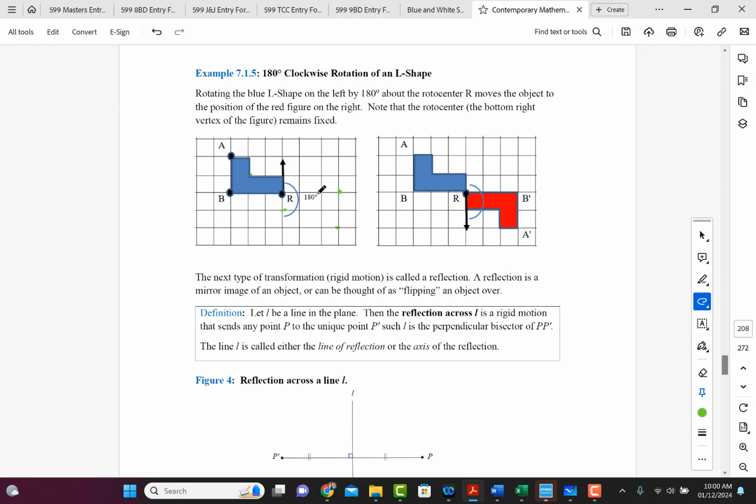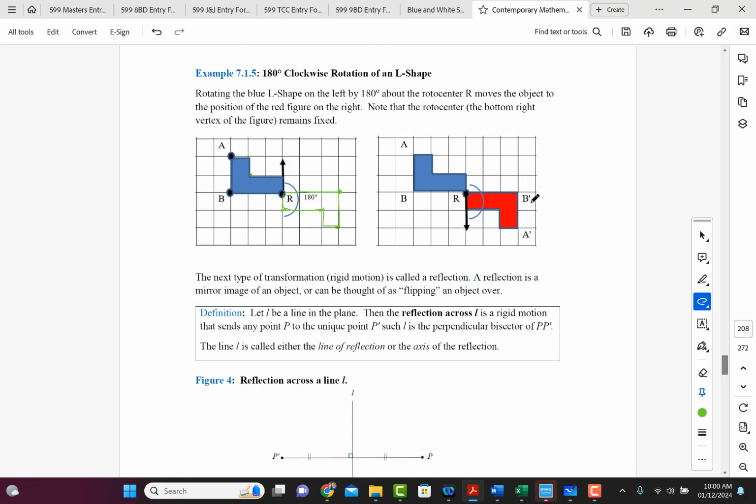So now it's going to be 2 units to the right, 1 unit down, right? And so now all I have to do is connect like so, which is what we did over here.